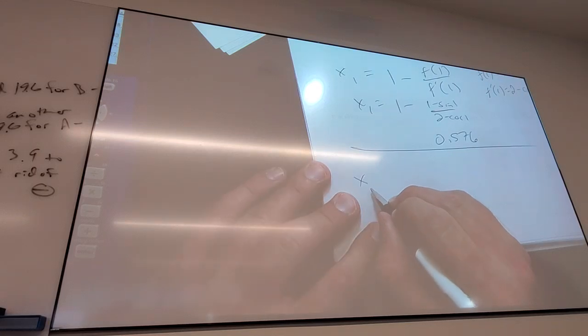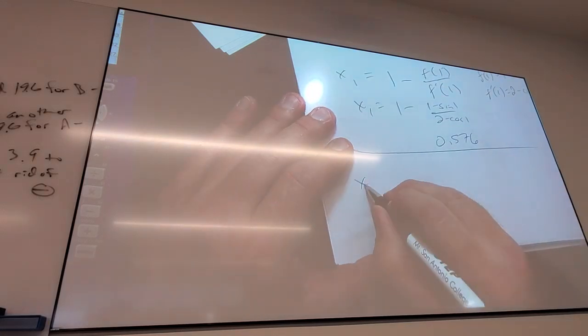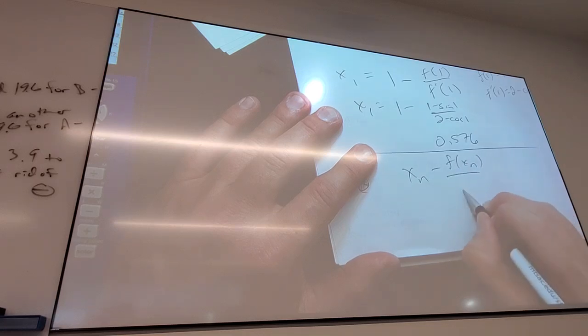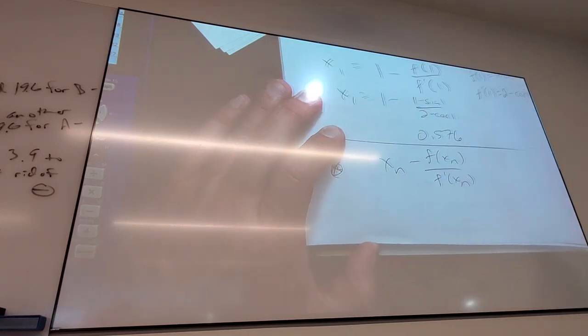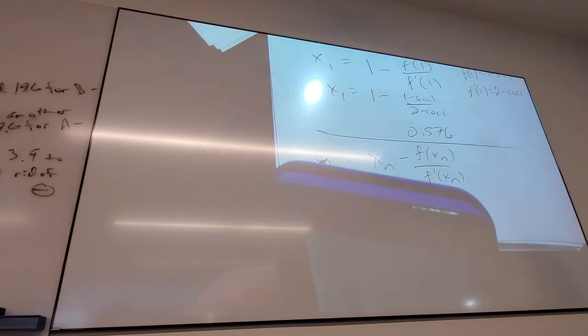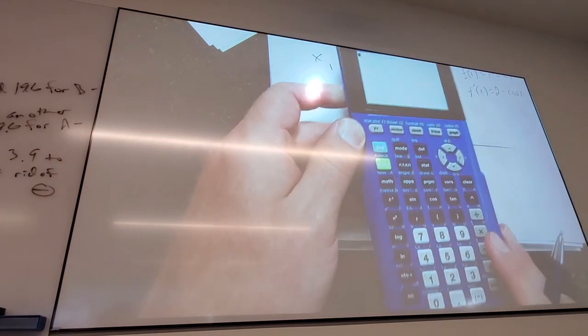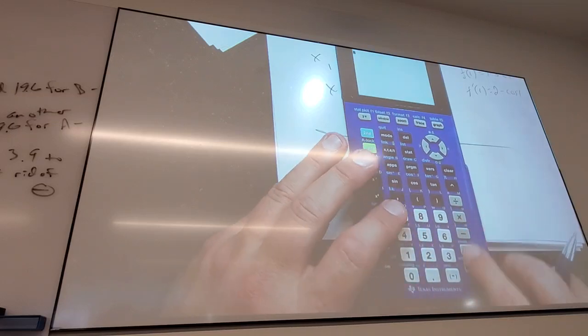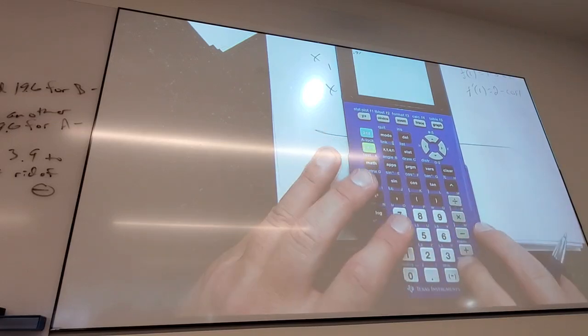Here's what I like to write. Let me show you one thing. Everybody do this with me if you have a calculator. Do 0.9 divided by 77.